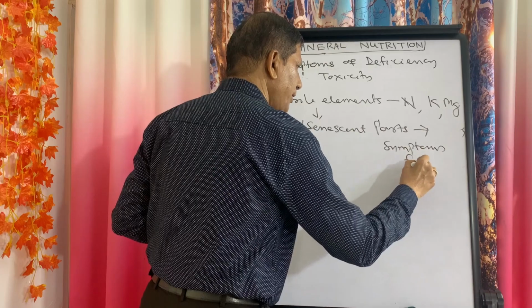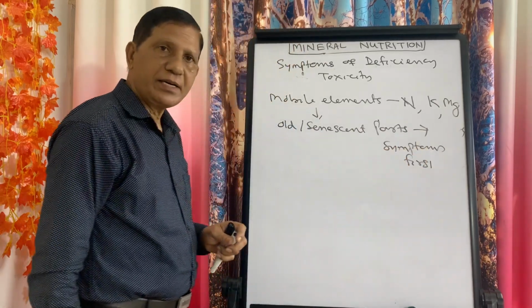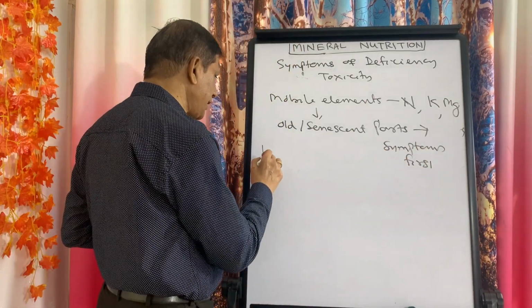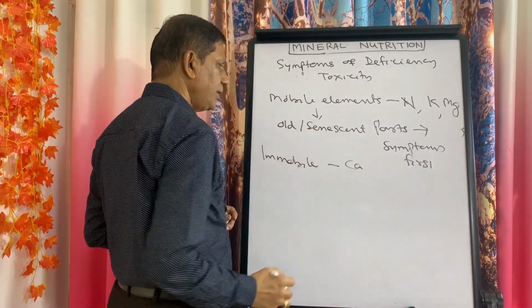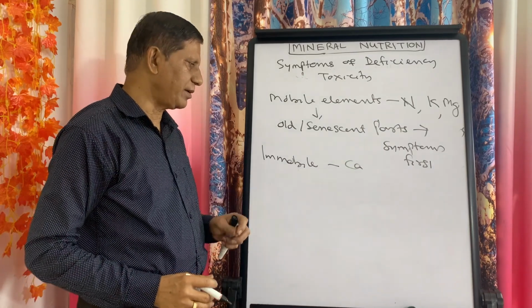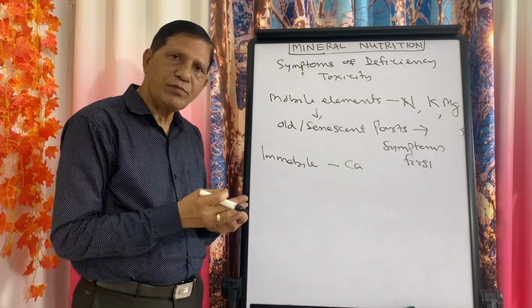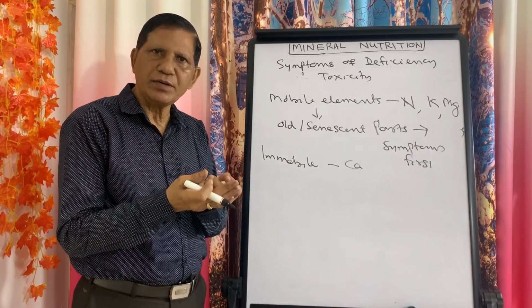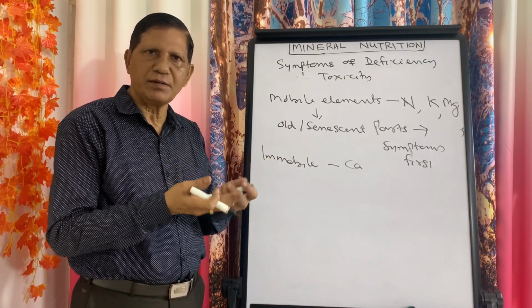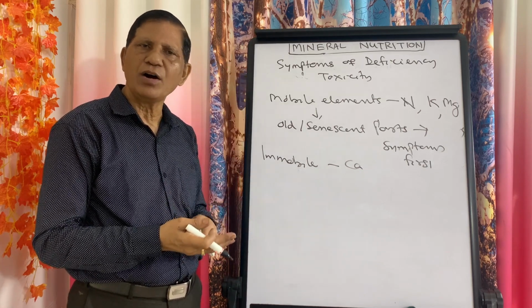But if we take the case of immobile elements, for example calcium, calcium is an immobile element. So in this case, since it is immobile, it will be in the lower part of the plant body, that is the mature leaves and branches. It will not be found in the upper part.